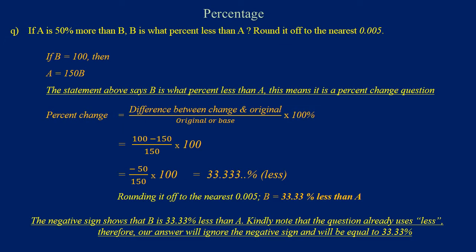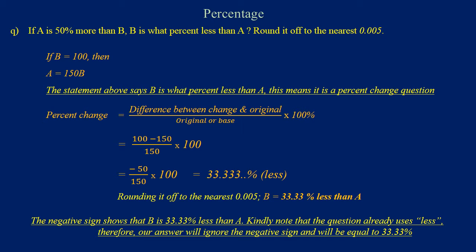Okay, our next question is that if A is 50% more than B, then B is what percent less than A? A is 50% more than B means A is equal to 150 into B. Now our second part of the question is asking us to round off the answer to the nearest 0.005. Very interesting, right?